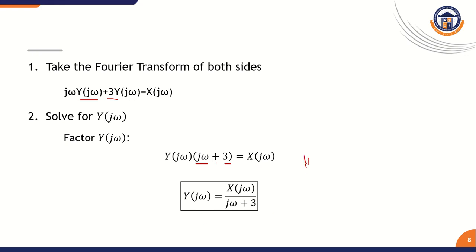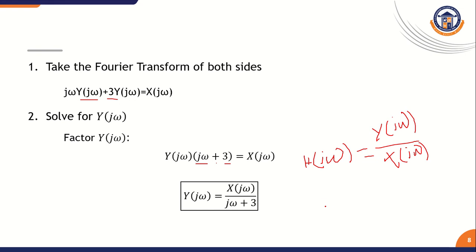That is, capital H of j omega equals Y of j omega divided by capital X of j omega. This is the frequency response of the given system.